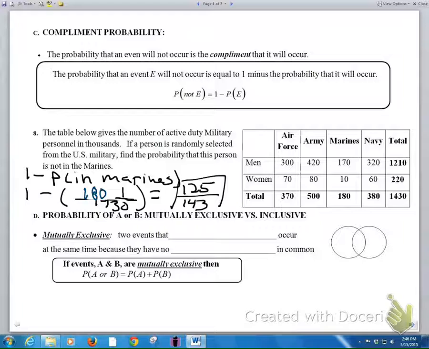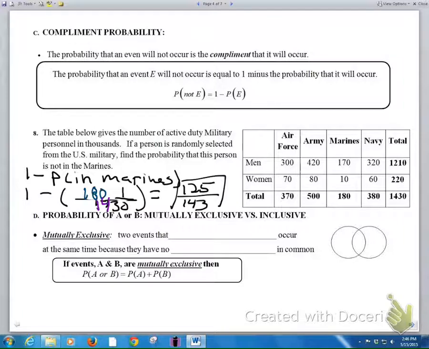And over the total, 1430, and you're just subtracting that from 1. So I know that this is kind of unclear, so that's 1430. Okay? The other way you could have done it is add up all the other ones and put that over 1430, but it would get you the same answer, and it's quicker.